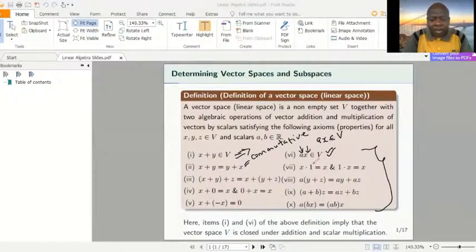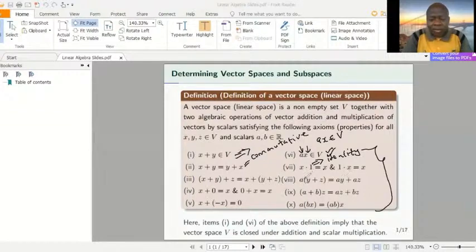And then the next one is the multiplicative identity element, that there must be a multiplicative identity element, such that if you are to pick an element x from the vector space and multiply it by this identity, you get x. Or if I was to take 1 times x, I would still get x.